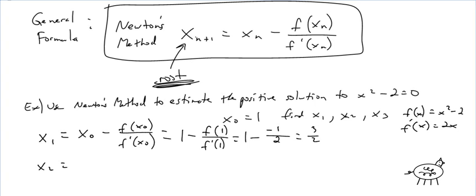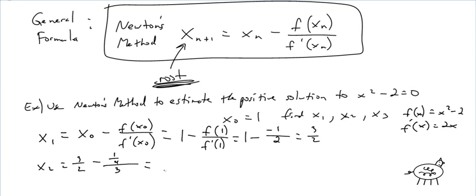So x sub 2 is equal to the previous term, which is 3/2, which we just calculated here, minus, if I plug in a 3/2 into the equation, right? 3/2 squared is 9/4. 9/4 minus 8/4 is 1/4. So it's minus 1/4 over, and then I plug in 3/2 into 2x, so 3/2 times 2 is 3.